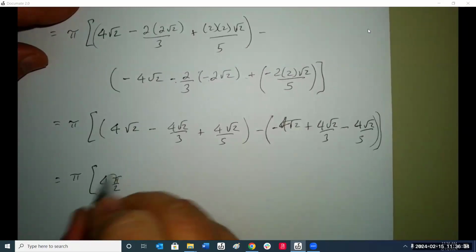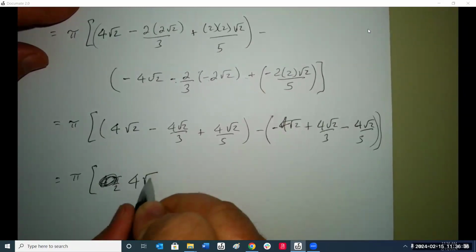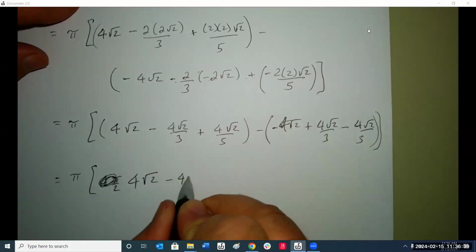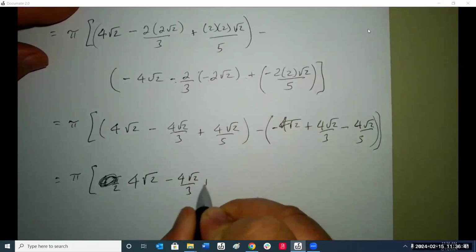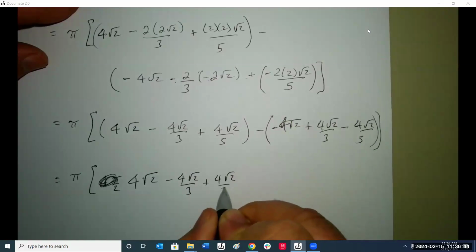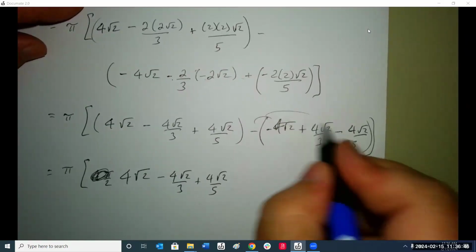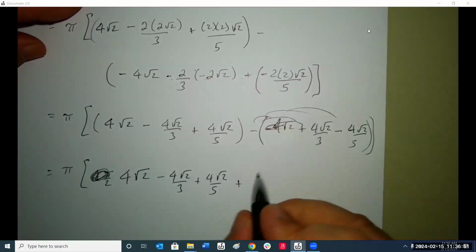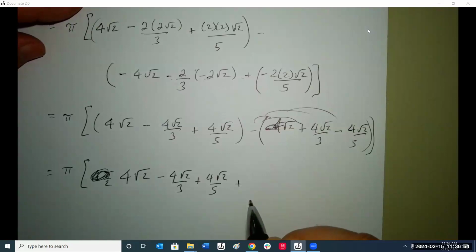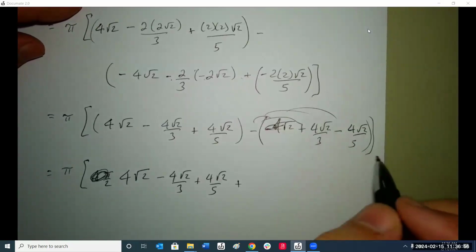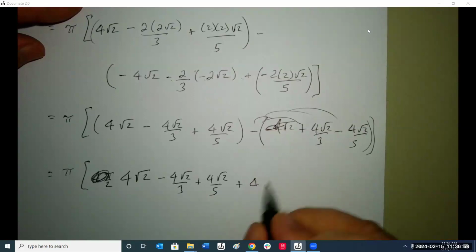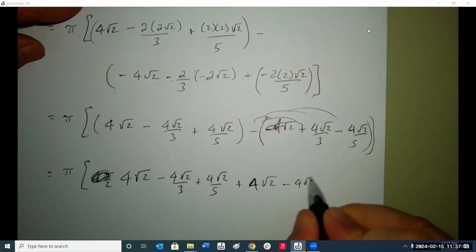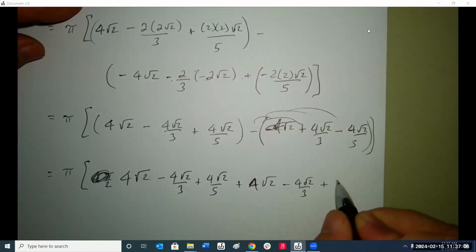Distribute that. That becomes a plus 4 root 2, minus 4 root 2 over 3, plus 4 root 2 over 5.